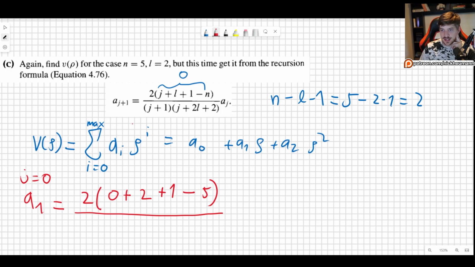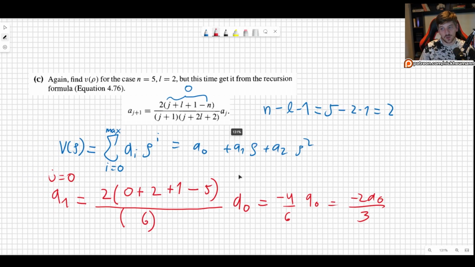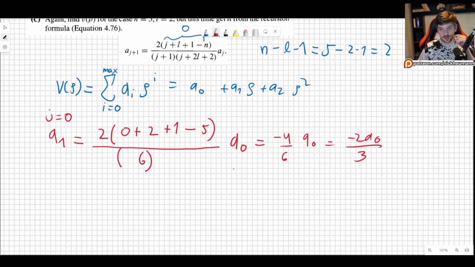And then we have J plus 1, which is 1, divided by 2L, which is 4 plus 2, so that's 6. And this is times A0. So our first coefficient would be minus 5 plus 3, which is minus 2 times 2, which is minus 4. So minus 4 over 6 A0, or minus 2 A0 over 3. So that's A1. Now we only need to find A2.